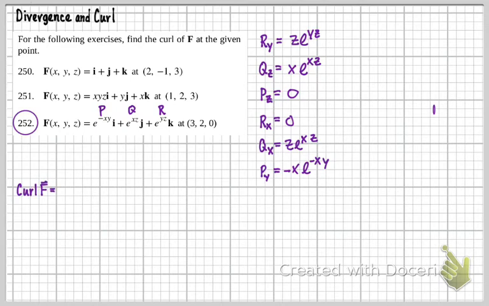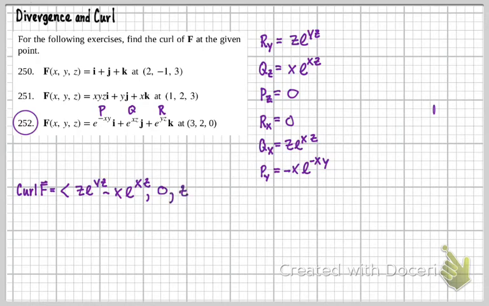So now then the curl of f is going to equal, remember, just the subtraction of each component in that order. So it's going to be z e to the yz minus x e to the xz. There's my first one. And then my Pz and Rx are both 0, so it's 0 minus 0, so I get 0 there.